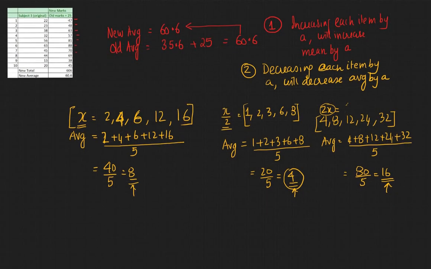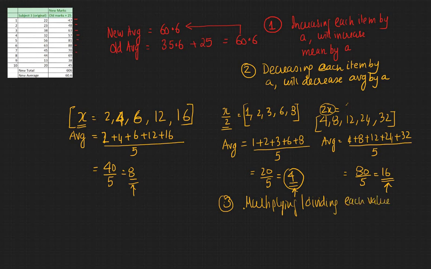Multiplying or dividing each value by A results in multiplying or dividing the average by A. So if you apply all your division, multiplication, addition to all the items, then your average will also change accordingly.